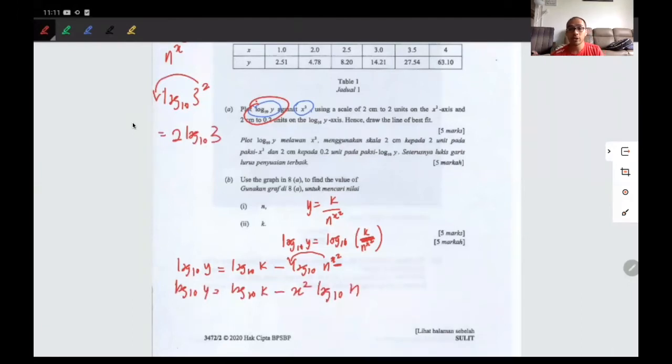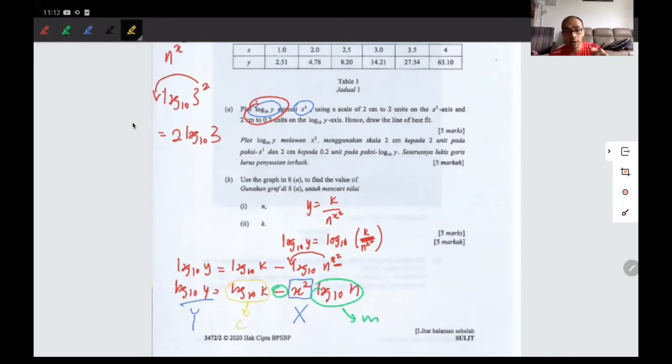This is where you need to distinguish between these. This will be our y-axis. This x squared alone is my x-axis. Therefore, the green part here is my gradient. Bring the sign together with you. And finally, the yellow part over here is my C.